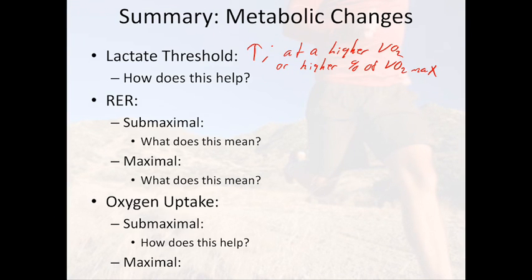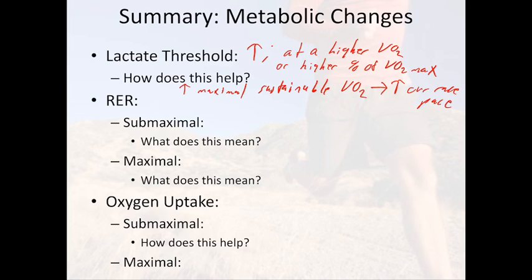This increases our maximal sustainable VO2, which increases our race pace, and that really is going to make us run faster. So that's what happens to lactate threshold.